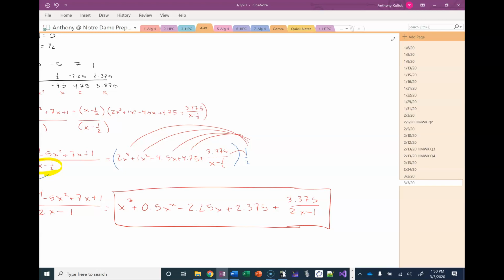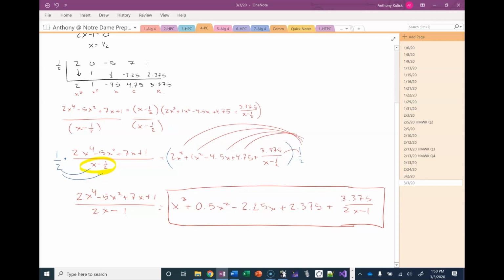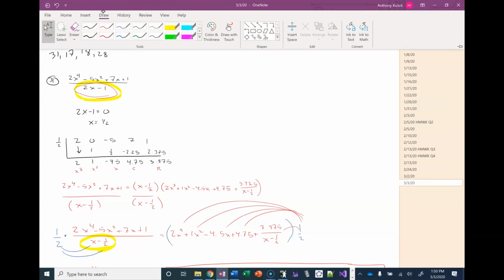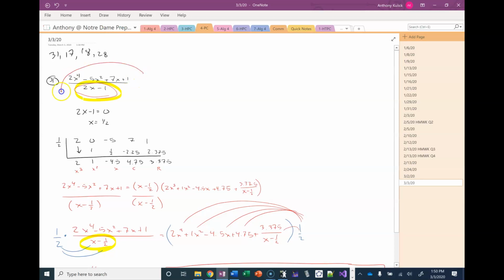So why did you just end it with that? The reason is that it's not in the correct form, because we want this to equal to say that, right?